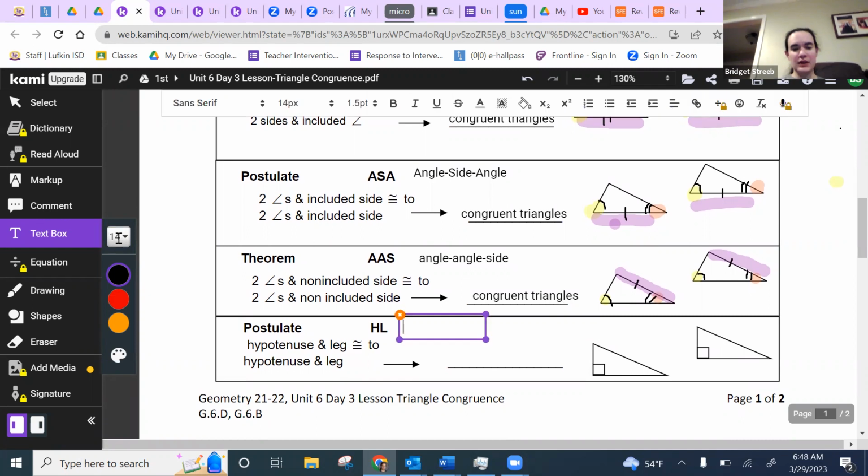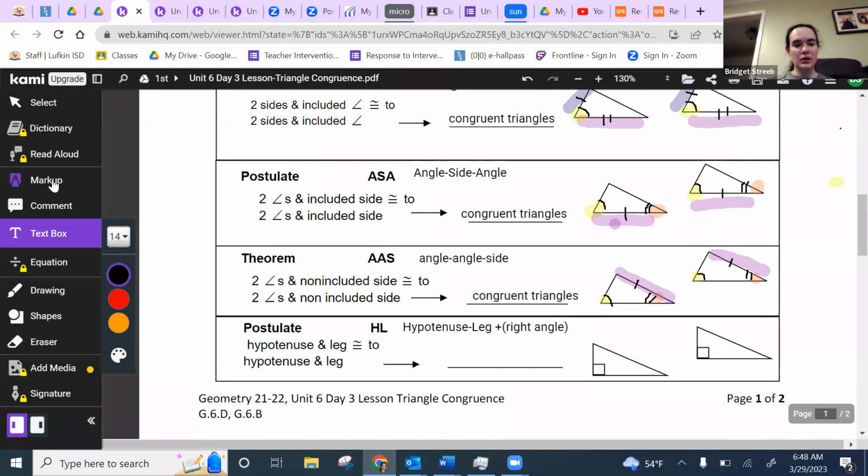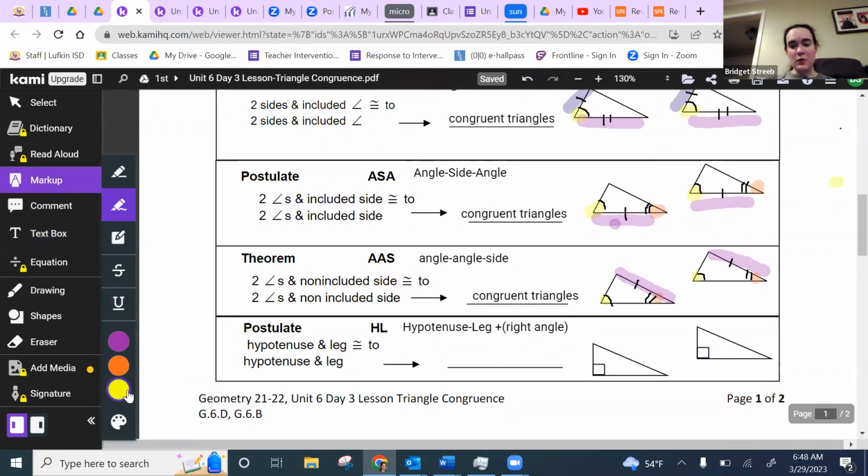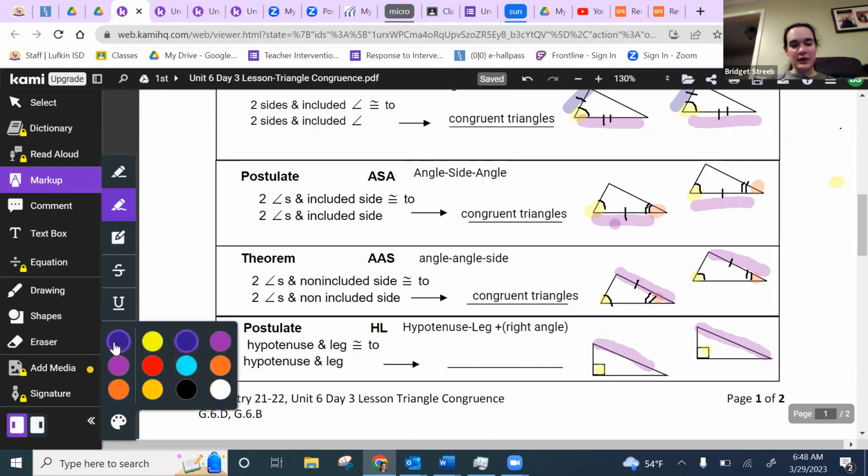Our next one is hypotenuse leg, which should really say hypotenuse leg plus a right angle, because the only way that you can have hypotenuse leg is if you have a right angle. So you have one angle, it's a right angle, and you have two sides. The hypotenuse, which is your side across from the right angle, and another side.